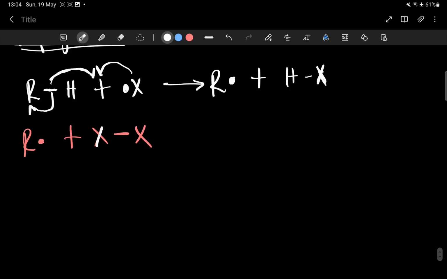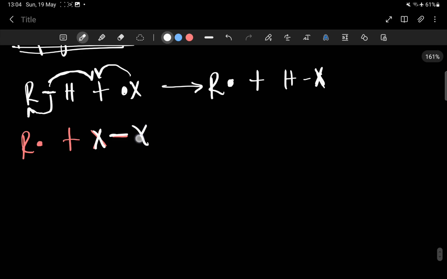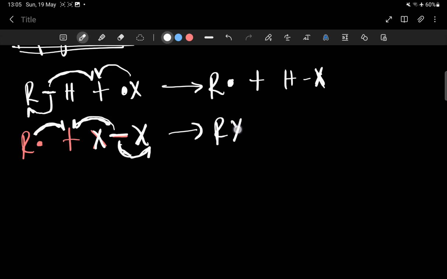When he attacks a group 7 molecule, he will put his radical electron to meet one of the group 7 guy's electrons, and the other group 7 will be given his electron and told to become a radical. So what's going to end up happening is we now have RX and we now have an X radical.